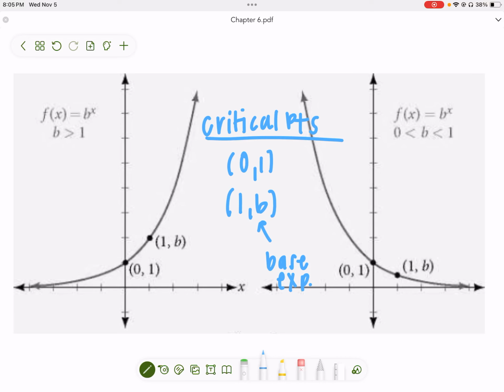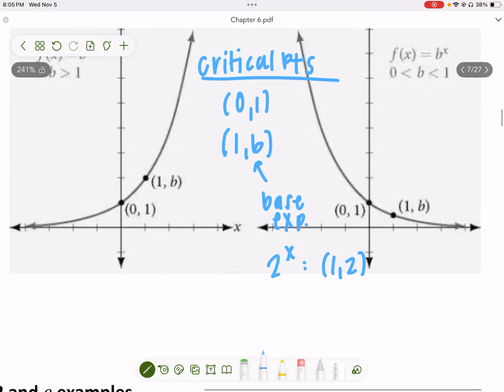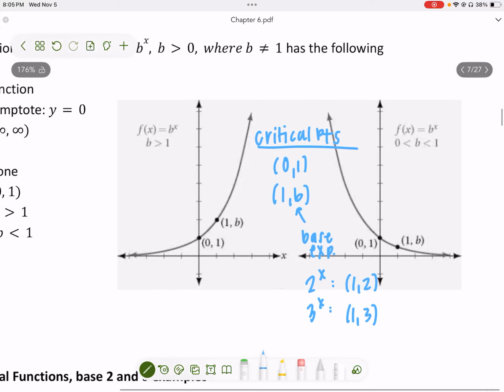So if you have 2 to the x, it would be 1, 2. If you have 3 to the x, it'd be 1, 3. You get the idea. These are the two most convenient things to plot, so you don't really have to think too hard about it. From there, you can start plugging in other things, but this is really, really easy to immediately put on the graph.